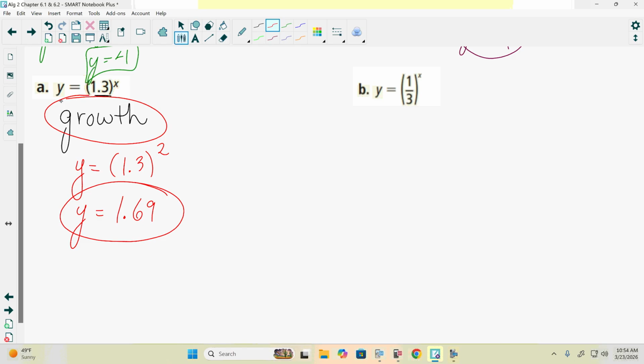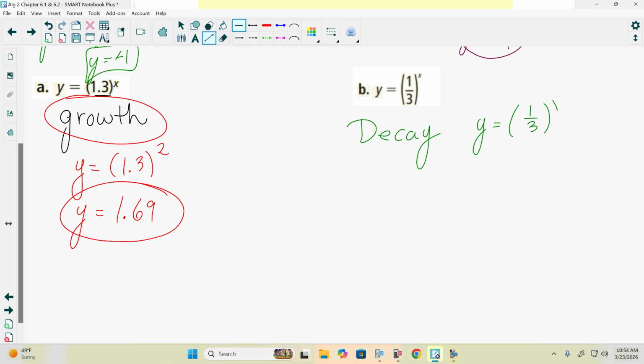Let's look at B. Y equals 1/3 to the x. This would be decay. Now you do need to be careful. Just because it gives us a fraction doesn't necessarily mean it's going to be decay. This one is because that fraction 1/3 is between 0 and 1.